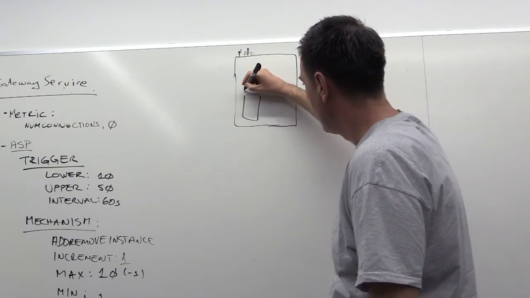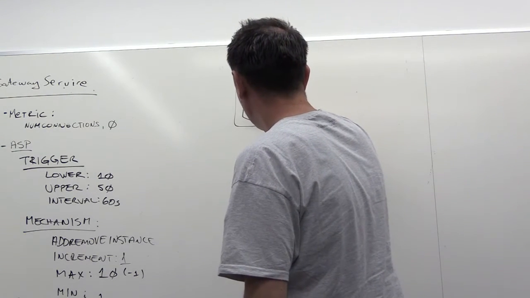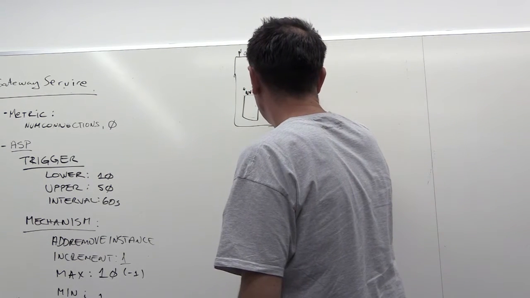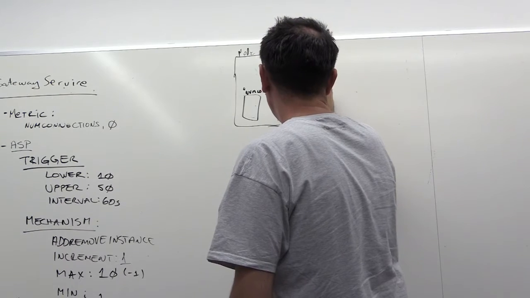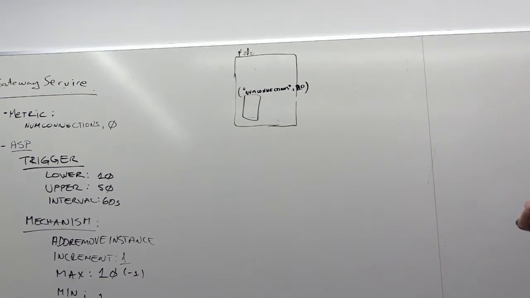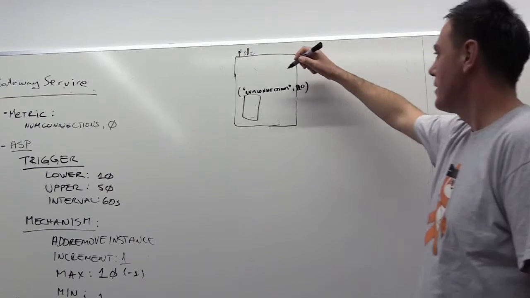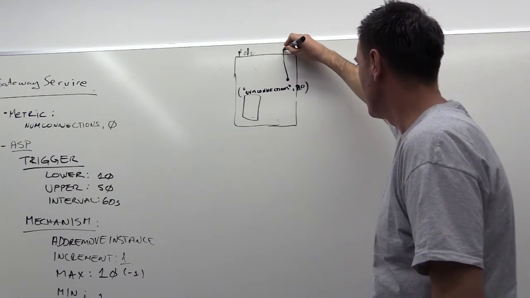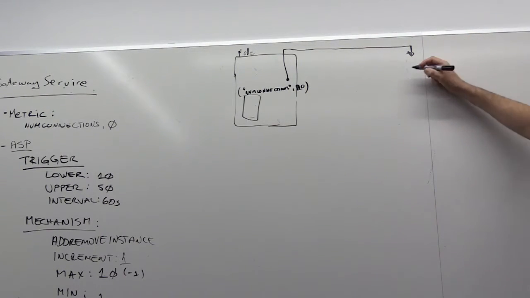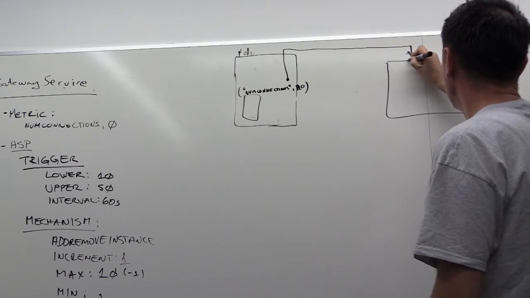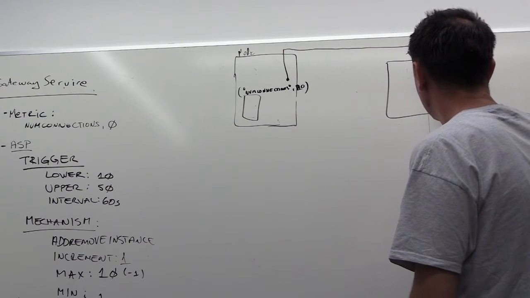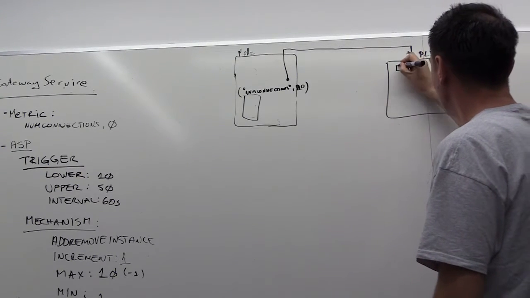So you say, for example, number of connections with the value of 20 is my new load. This eventually gets propagated by the network to our load balancer, PLB, and this is where we store the load report.